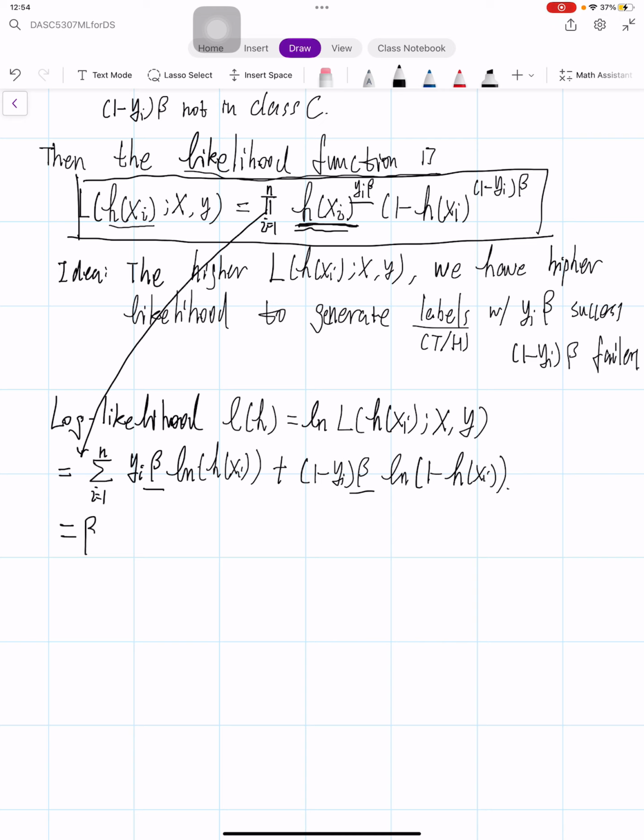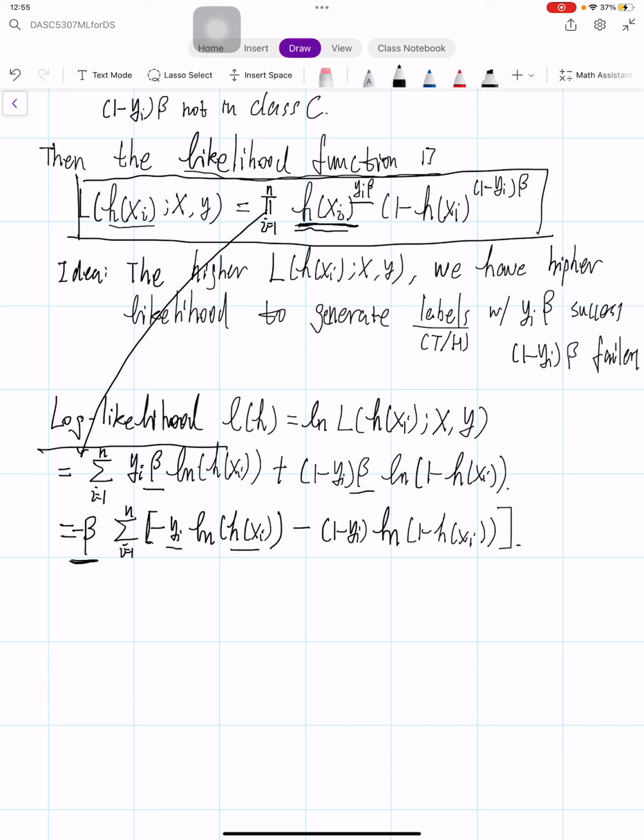You take it out, so it's beta times the sum, and we can add a minus to every term. So it's i from 1 to n of negative yi natural log h(xi), where yi is the observed y and h(xi) is the predicted y, minus 1 minus yi natural log of 1 minus h(xi). Okay, so the constant beta does not matter actually.